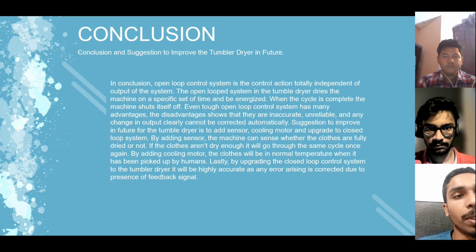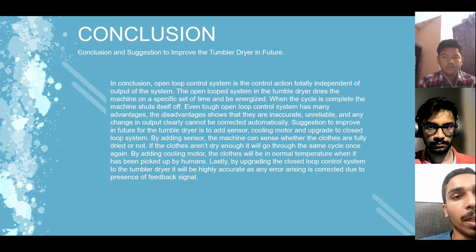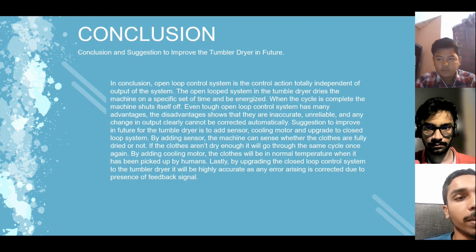A suggestion to improve the tumble dryer in future is to add a sensor, a cooling motor, and upgrade to a closed loop system. By adding a sensor, the machine can sense whether the clothes are fully dried or not. If the clothes are not dry enough, it will go through the same cycle once again.